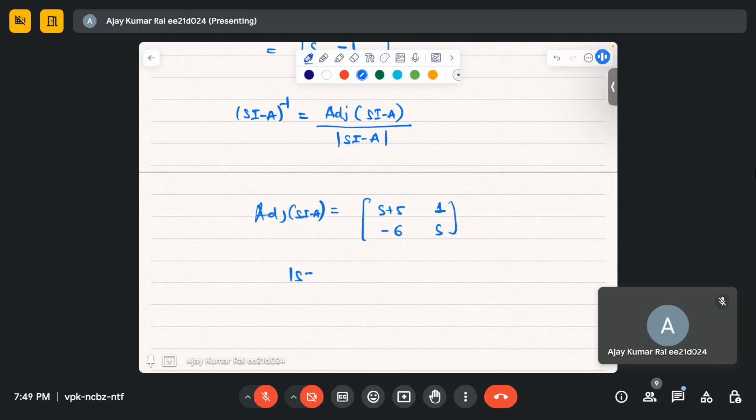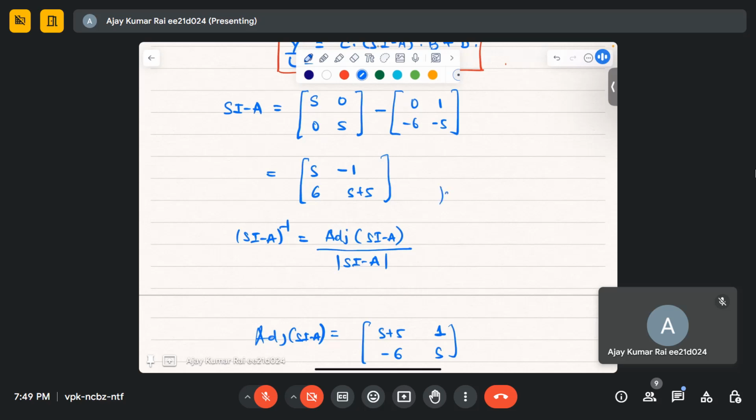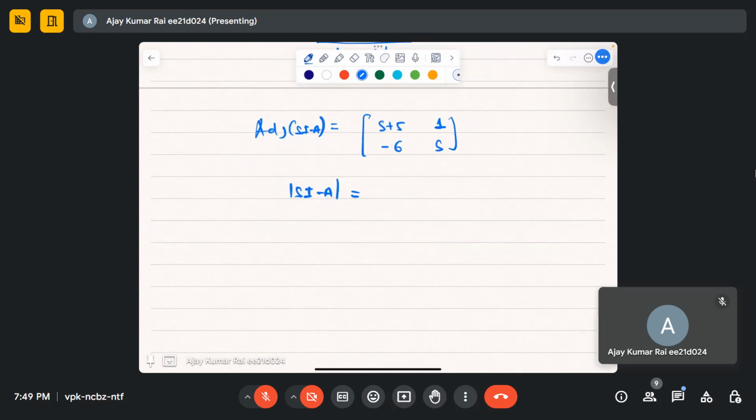What is the determinant of sI minus A? Here you can find it, which is s into s plus 5, minus of minus 1 into 6. So this is s square plus 5s plus 6. So you'll get 1 by s square plus 5s plus 6.